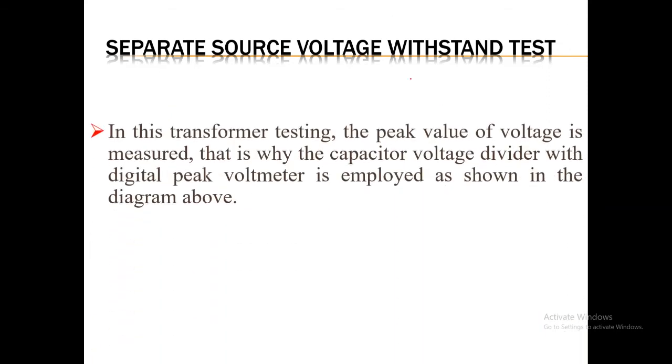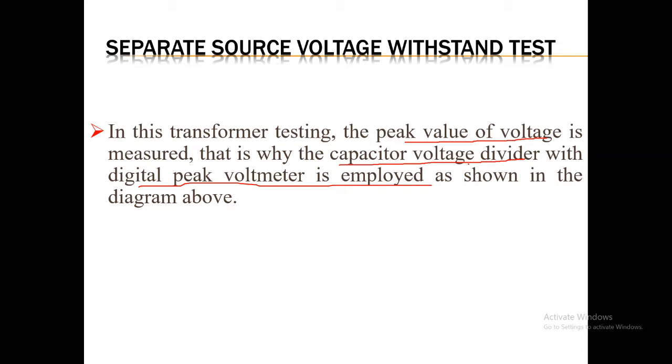So in this transformer testing, the peak value of voltage, this is the important term, is measured. That is why the capacitor voltage divider with a digital peak voltmeter is employed. As you have seen in the diagram, the capacitor voltage divider is used to measure the peak magnitude of voltage.